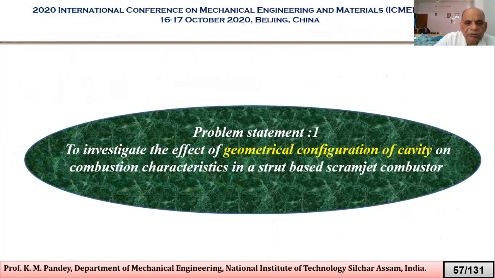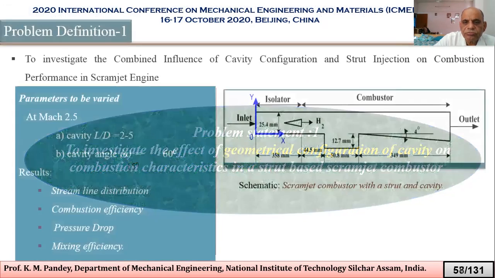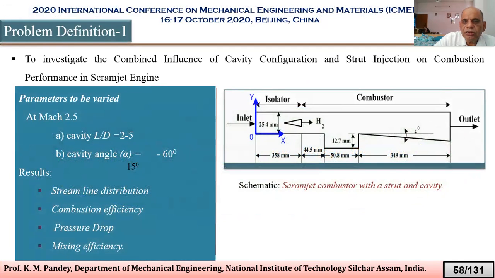Then problem statement 1, that is to investigate the effect of geometrical configuration of cavity on combustion characteristics in a strut-based scramjet combustor. So here we have seen the cavity L by D ratio 2 to 5, then cavity angle minus 60 degree, and results: streamline distribution, combustion efficiency, pressure drop, mixing efficiency. About that we have discussed.